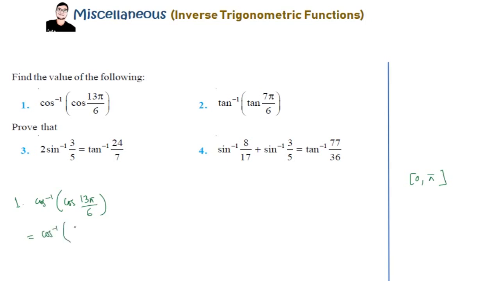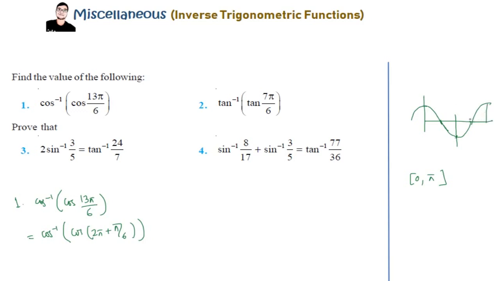Clearly we can see 13 pi by 6 is nothing but 2 pi plus pi by 6. Now let us introspect a bit more here. Cos of 2 pi plus pi by 6. Any trigonometric function repeats after 2 pi, and the same is the case with cos. Cos starts from plus 1, goes to minus 1, then once again at 2 pi it becomes plus 1.